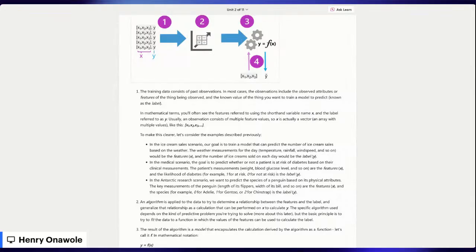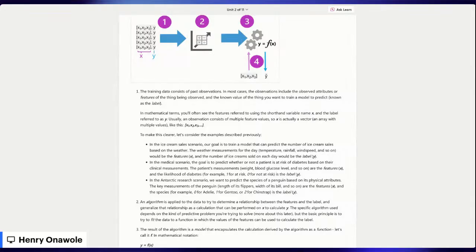In the medical scenario, the goal is to predict whether or not a patient is at risk of diabetes based on their clinical measurements. The patient measurements, which comprise the weight, blood glucose level, and so on, are the features X. And the likelihood of diabetes, for example, 1 for at risk, 0 for not at risk, is the label Y. In the Antarctic research scenario, we want to predict the species of a penguin based on its physical attributes.